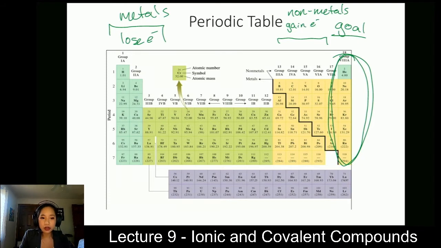And that is due to nonmetals being closer, there are fewer steps to gain electrons to achieve that noble gas configuration, whereas for metals, it's fewer steps to lose electrons to get to the period before that noble gas configuration.